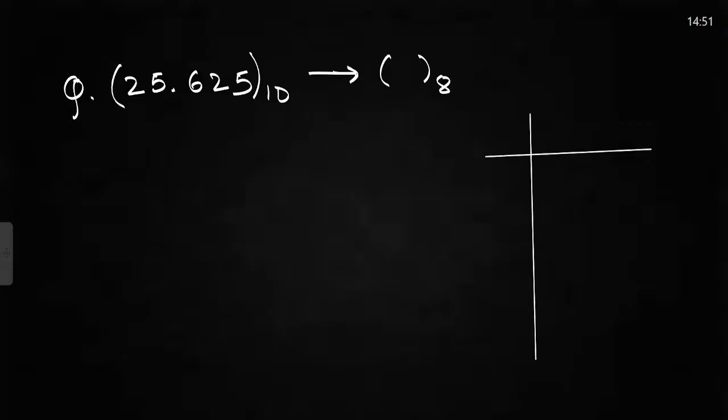First we will find for 25. 8 threes are 24, remainder is 1. So we are getting 31. So for 25 it is 31.